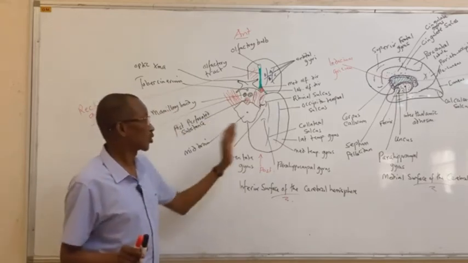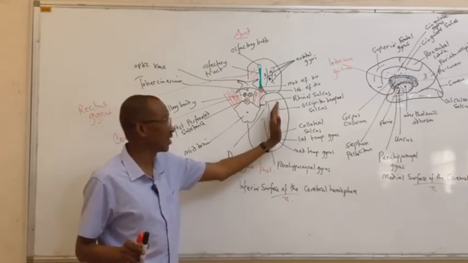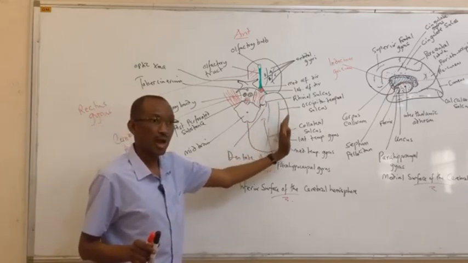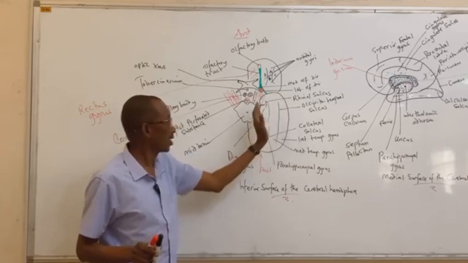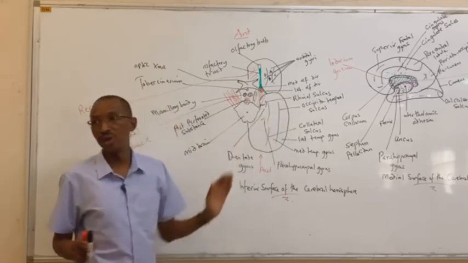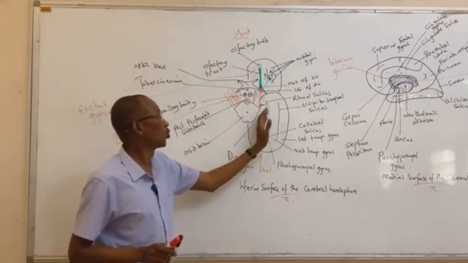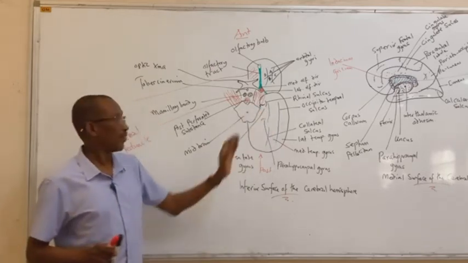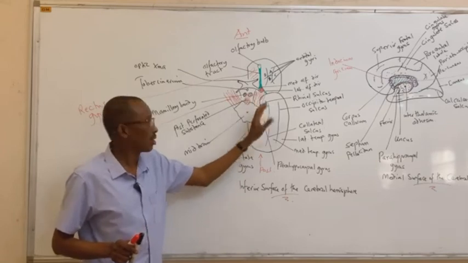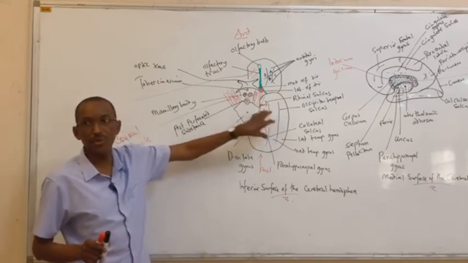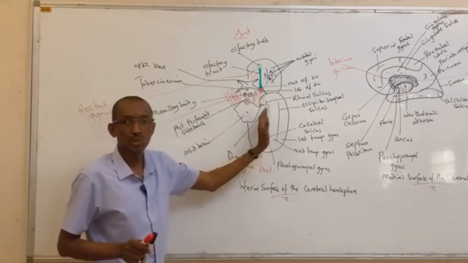But in most of the textbooks, they call the one on the lateral side the occipito-temporal sulcus, and the one on the medial side the collateral sulcus. By these two sulci, the inferior or tentorial surface of the cerebral hemisphere is divided into gyri.